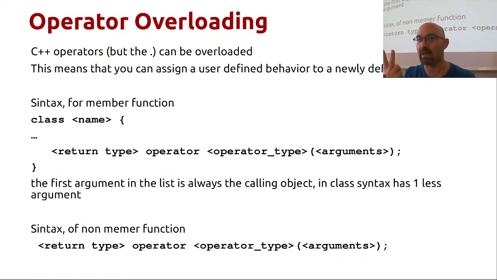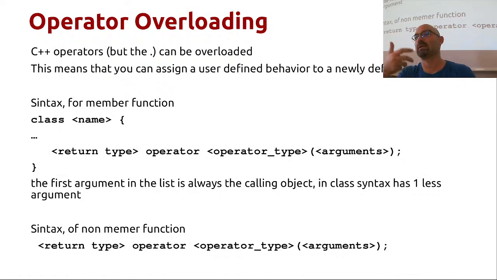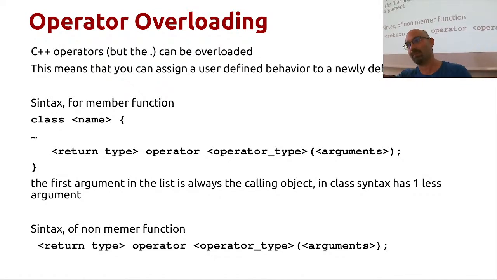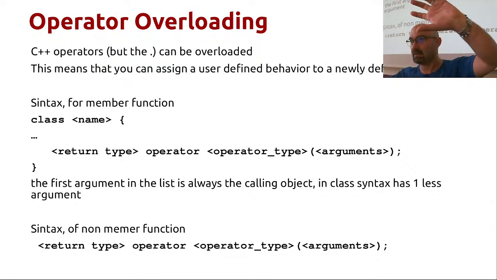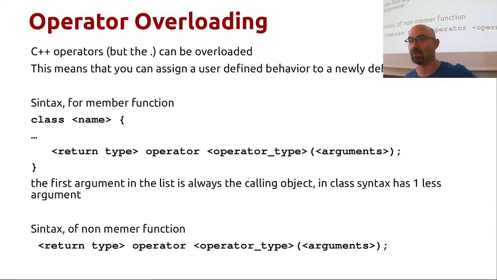The equals has two operands. The first one, the left one, where you carry on the assignment, is this. And then the other operand, the other argument, will be the element on the right-hand side of it.